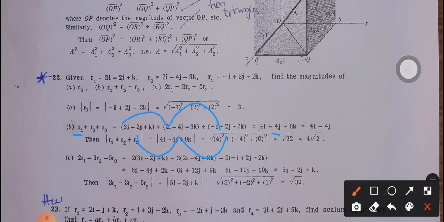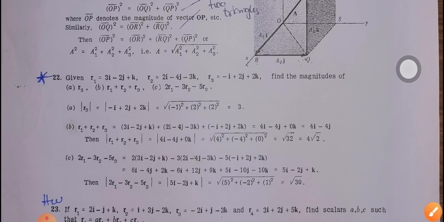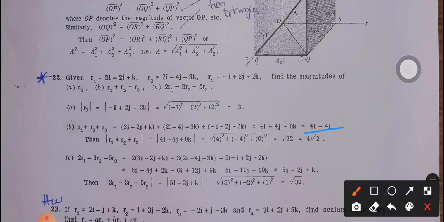For z, we add 1 minus 3 plus 2, which is 0 in this case. So I get the vector 4i minus 4j, and then we can find the magnitude by the simple method, which is going to be square root of 32.